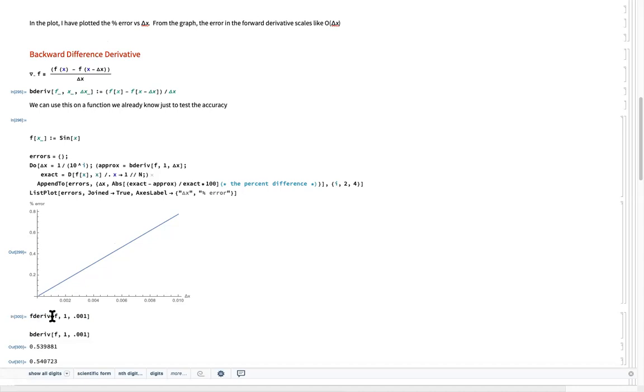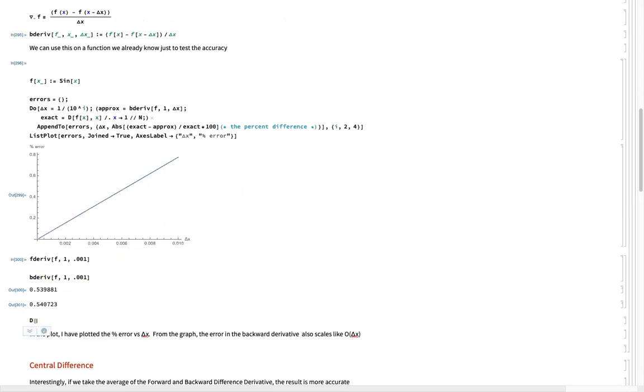Remember, the exact value is the derivative of f of x at x equals 1, giving a numerical value.